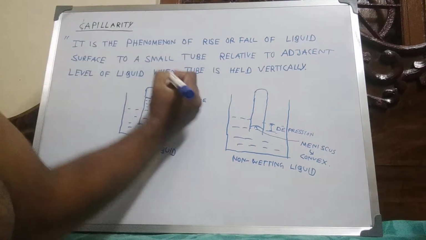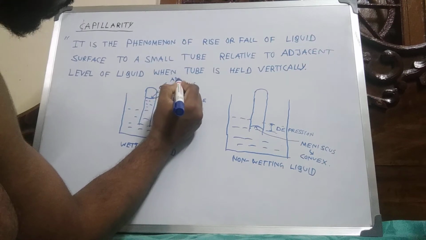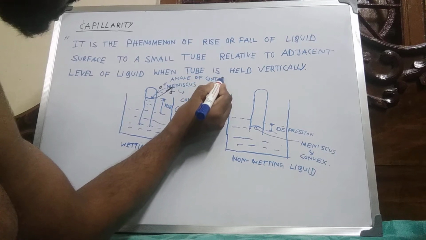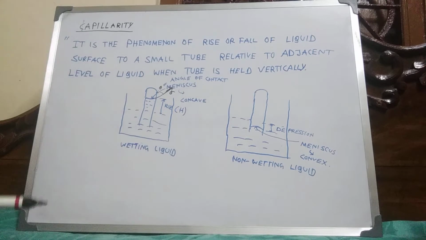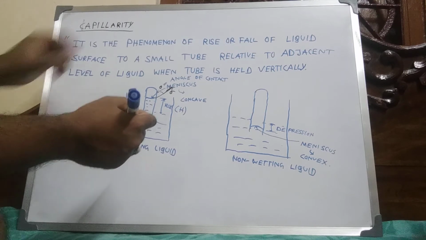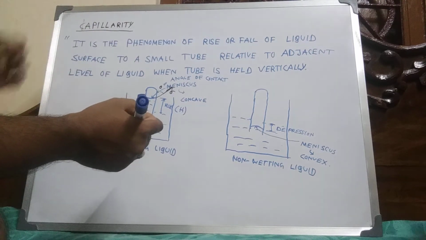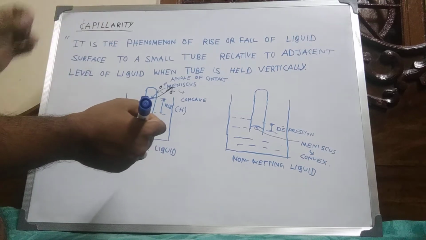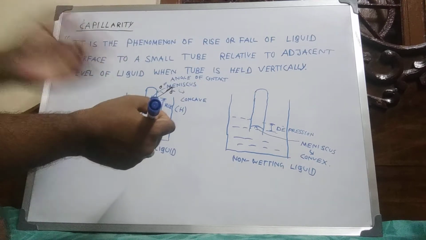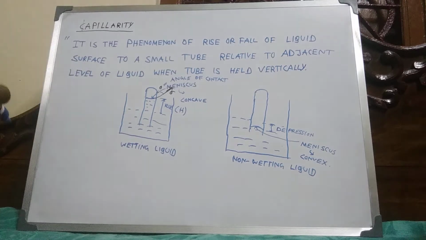Theta is the angle of contact. Theta is the angle made by the tangent drawn on the meniscus at the point with the wall of the capillary tube.